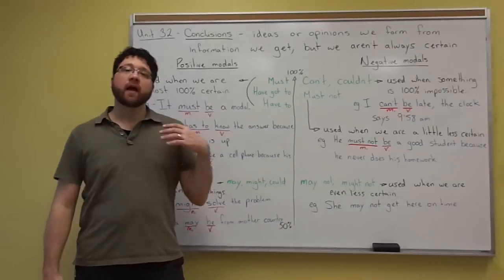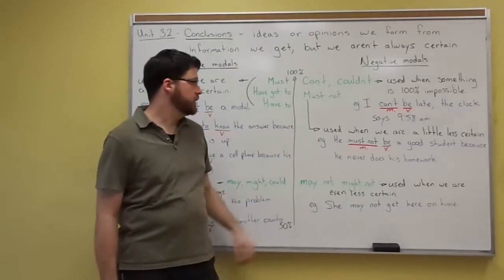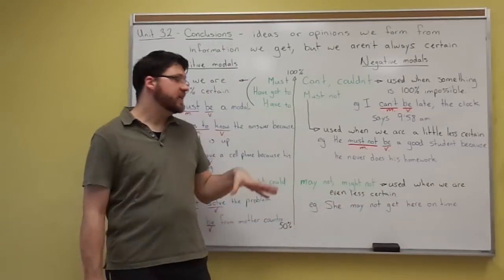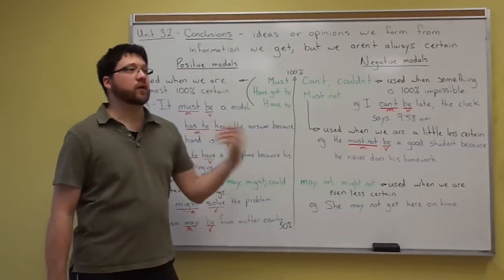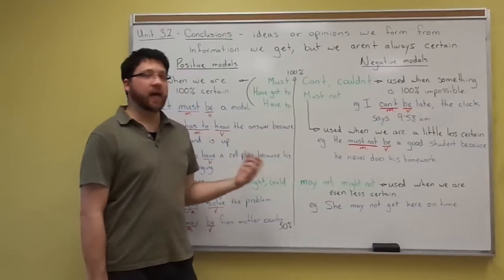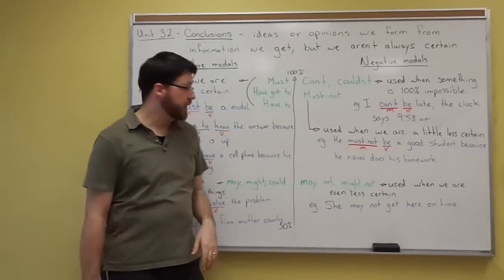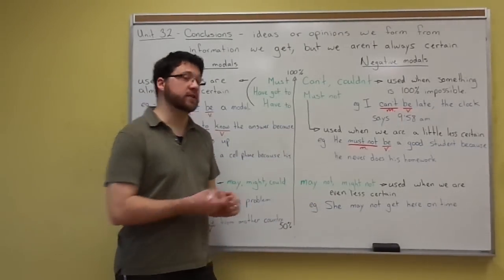Okay. And finally, our last two, may not and might not. We use these when we are even less certain. So for example, it's 9:58 a.m. and someone is not here yet. I might say, she may not get here on time.